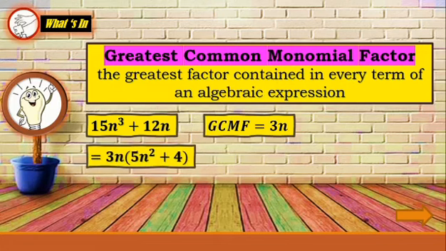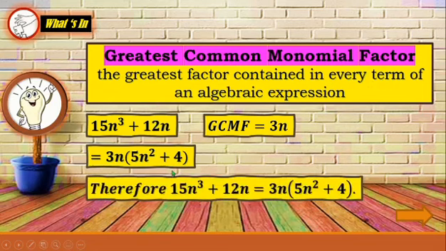Now factoring out our GCMF from each term of our polynomial, we have 15n cubed divided by 3n is 5n squared. 12n divided by 3n is 4. Therefore, 15n cubed plus 12n is equal to 3n times the quantity of 5n squared plus 4.